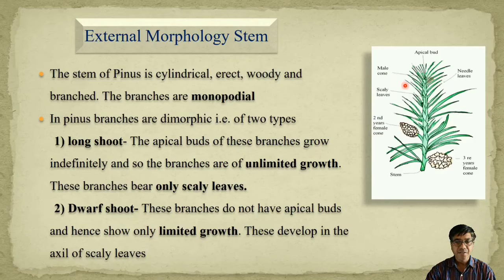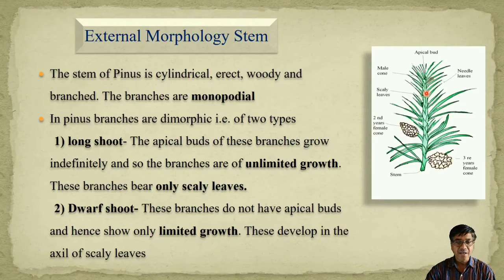These are present on the main trunk, and the apical buds grow indefinitely. So, the branches are of unlimited growth. These branches bear only scaly leaves and spread horizontally. They shorten gradually toward the tip. That is why the plant takes a pyramidal or conical shape.